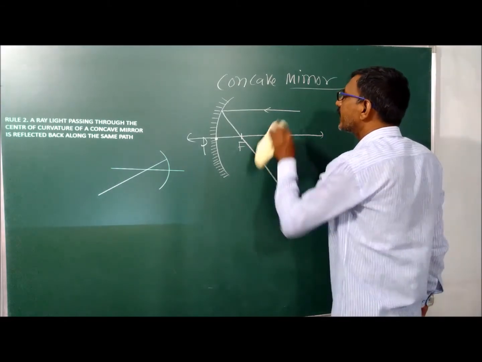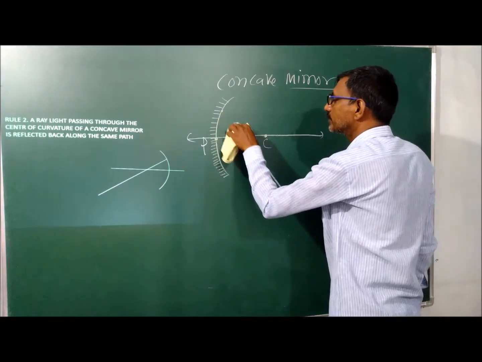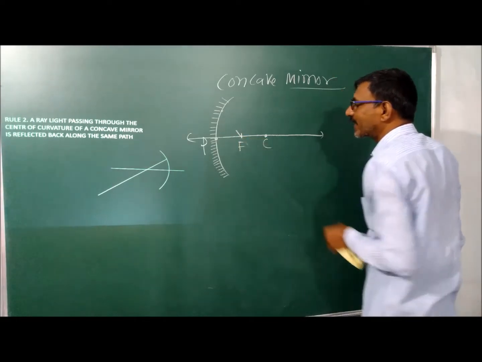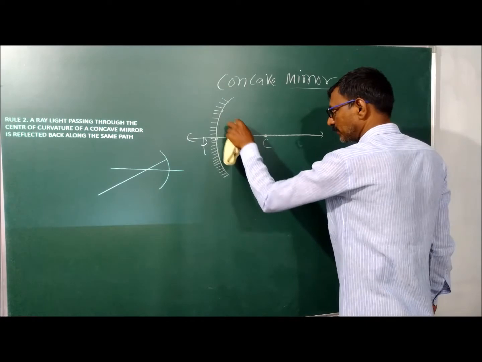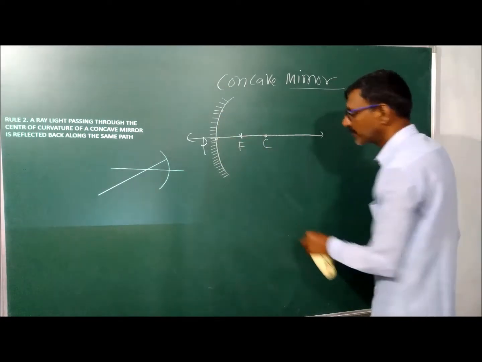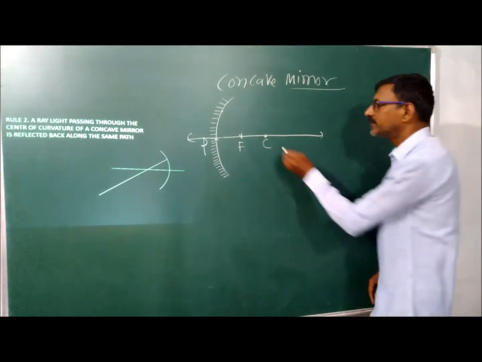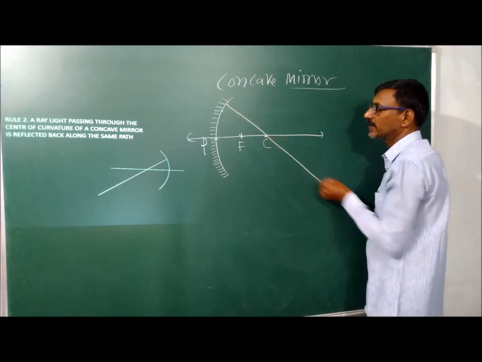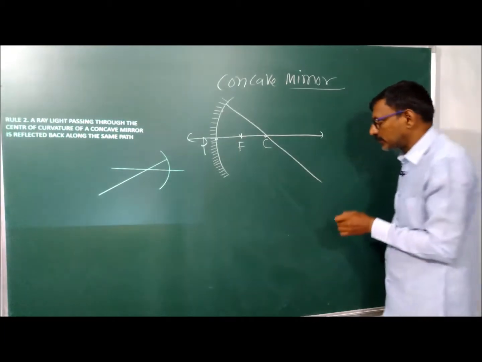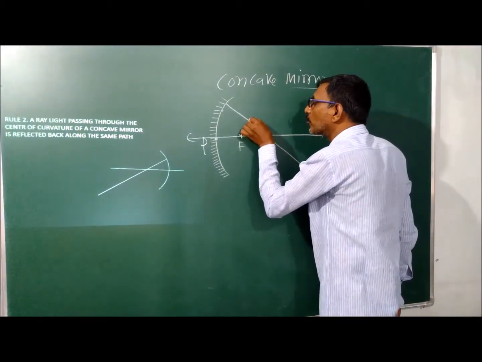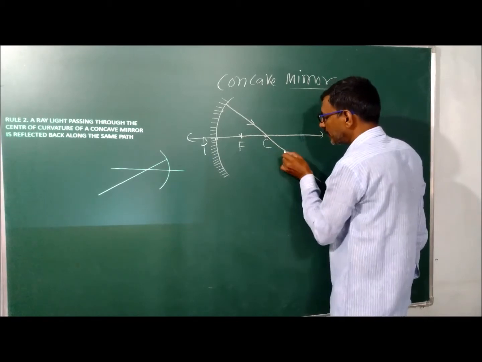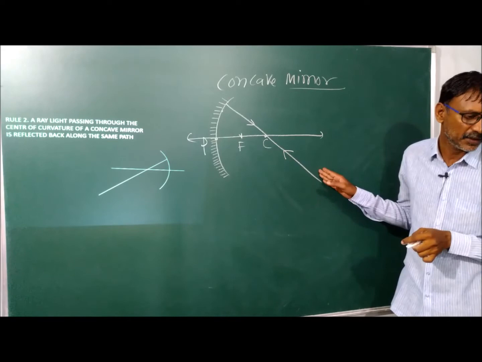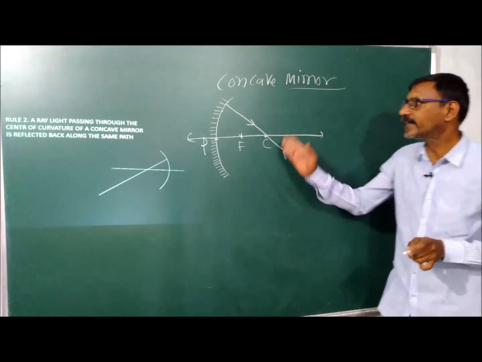Now see the next one. Rule 2. This is very important. If a light ray travels through the center of curvature, it is reflected back and goes along the same path. Why? Because it is a normal.